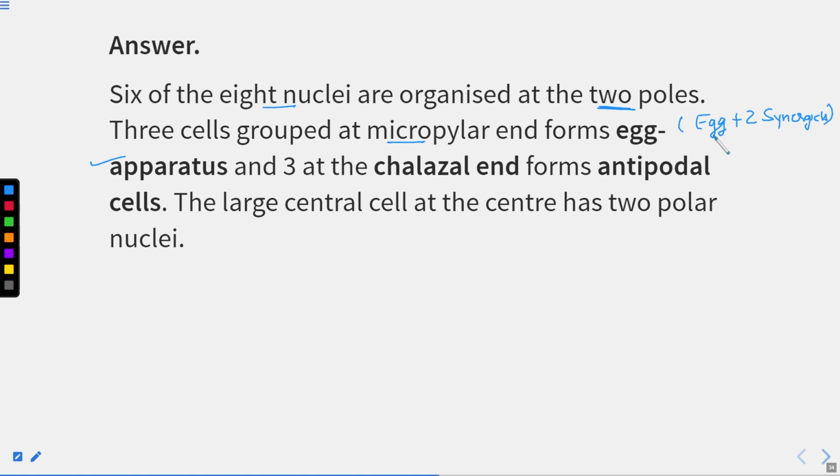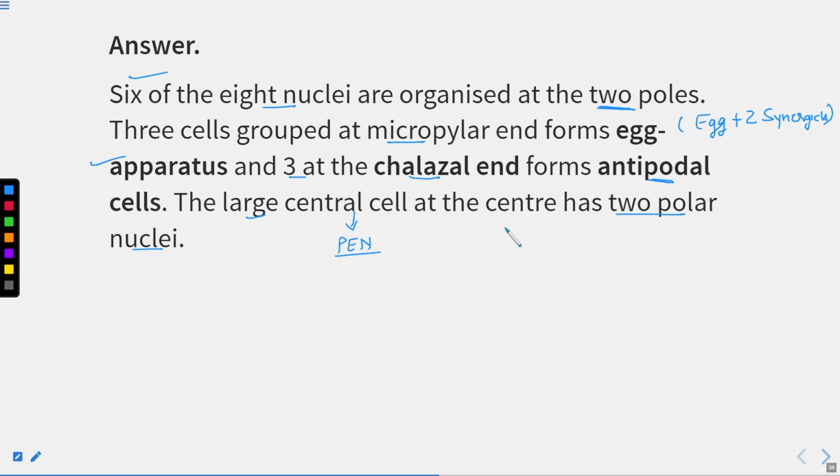So this is 1 plus 2, 3 nuclei, and 3 at the chalazal end, the antipodals. So 3 plus 3 is 6 nuclei. And in the center, a large central cell has 2 polar nuclei. This large central cell is known as the primary endosperm nucleus, which is formed by the fusion of 2 polar nuclei.